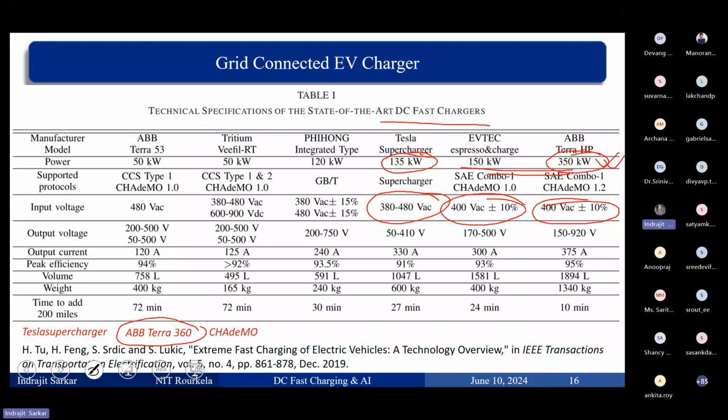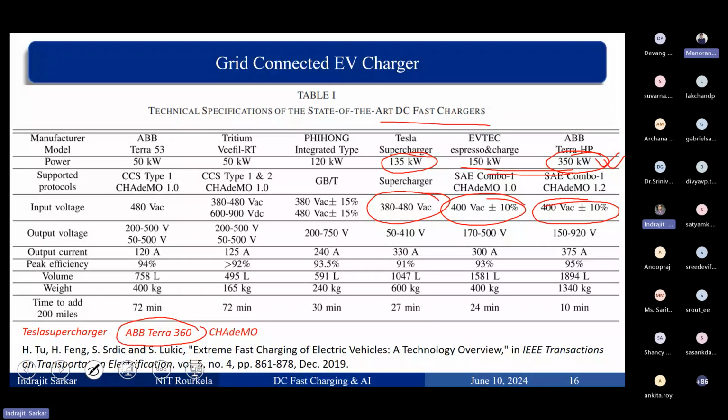The utility grid will supply, but the utility grid needs to know when to supply and how much to supply. It's like there is a surprise test and there is a scheduled test. Students always complain that they don't prefer surprise tests because they are not prepared for them.